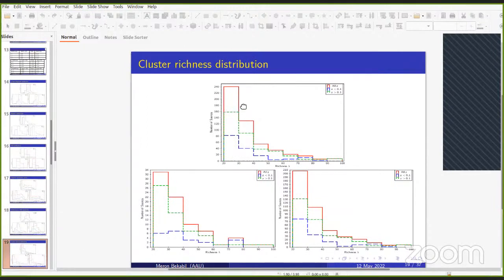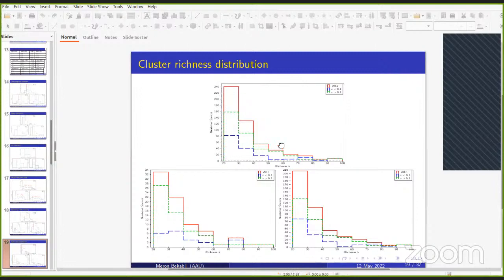This one is the cluster richness distribution. When we say cluster richness, it means how many members there are in the galaxy clusters or groups. Our analysis is based on two things: the cluster richness and the distance from the cluster center. As you see, this is the cluster richness and the number of sources.